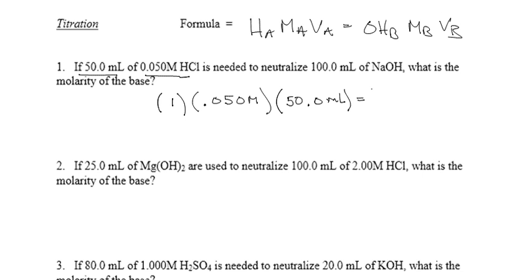Equals OHB, how many OHs are in NaOH? And that is 1. The molarity of the base is what we're solving for. And the volume of the base is 100 milliliters.